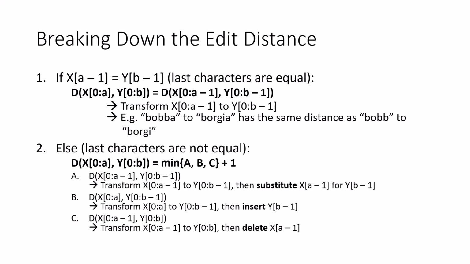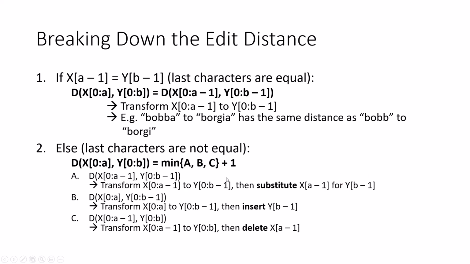One case is, to find this distance, we can consider the distance from the first a minus 1 characters of x to the first b minus 1 characters of y. And let's suppose we know that distance. Well, we can do those edits, and then simply substitute the last character of x for the last character of y.